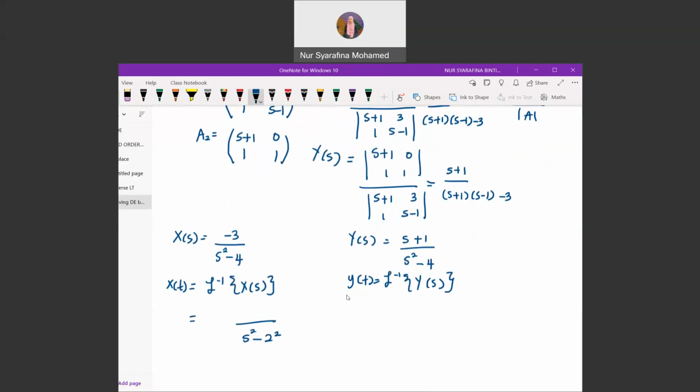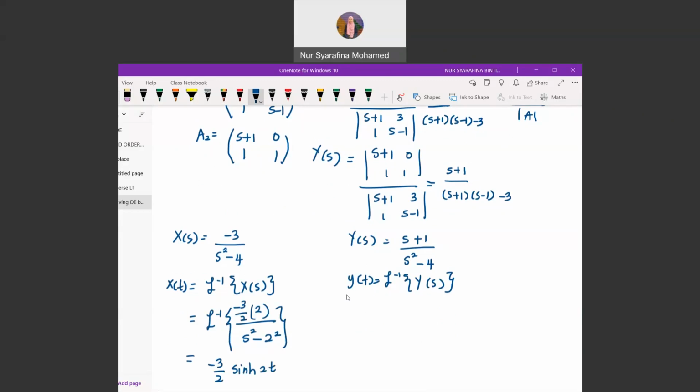Then this one becomes 2, but we want to remain negative 3, so we have to multiply by negative 3 over 2, put it outside, and then inverse transform 2 over s squared minus 2 squared. By table of transformation, it is sinh 2t.